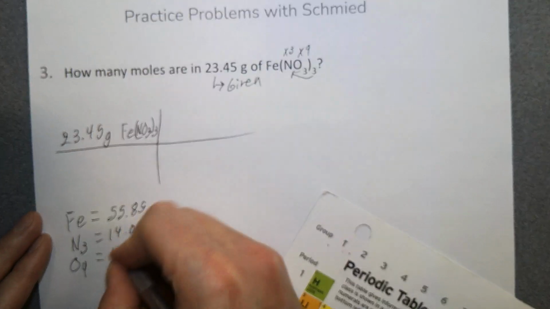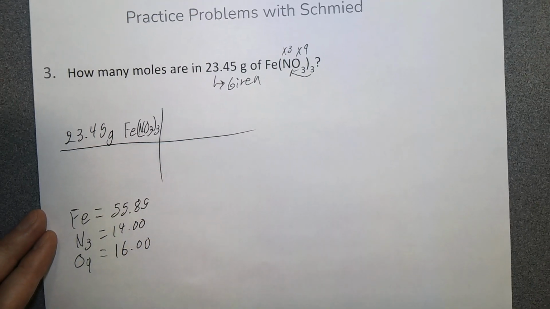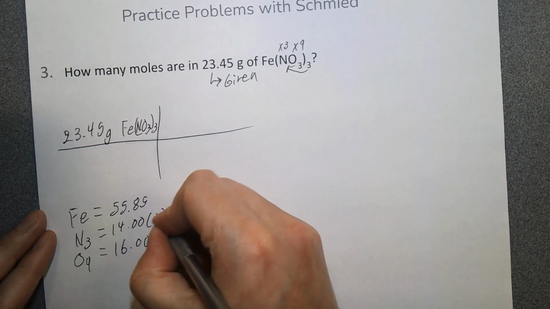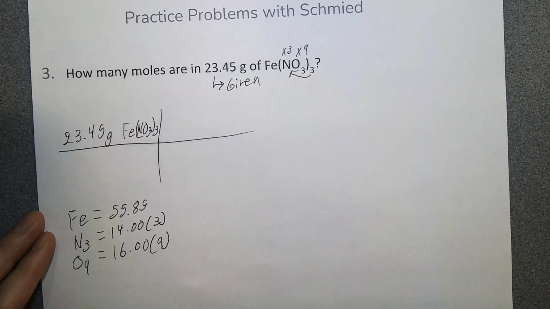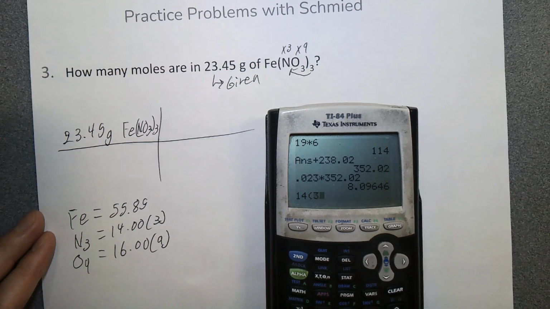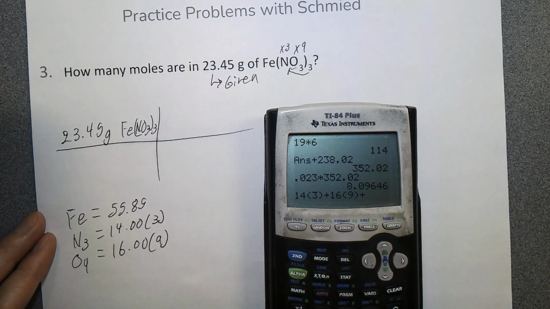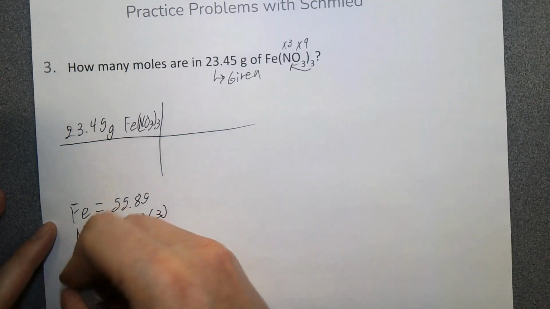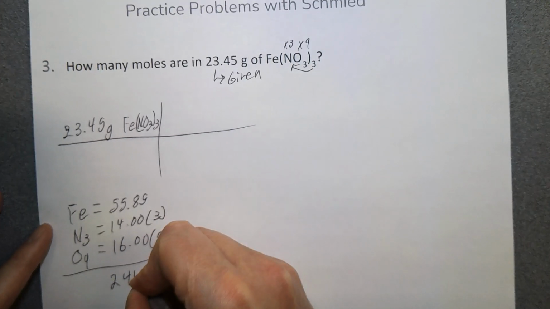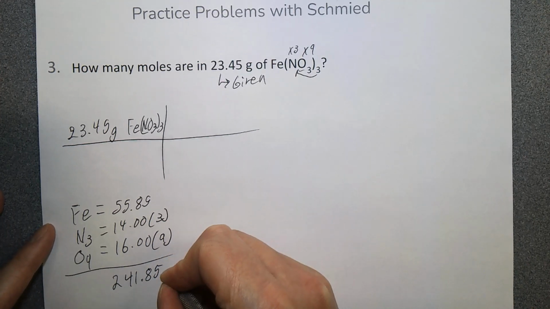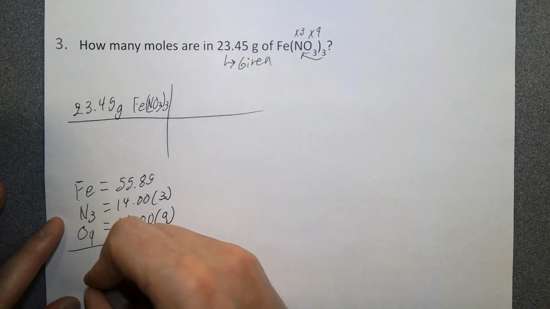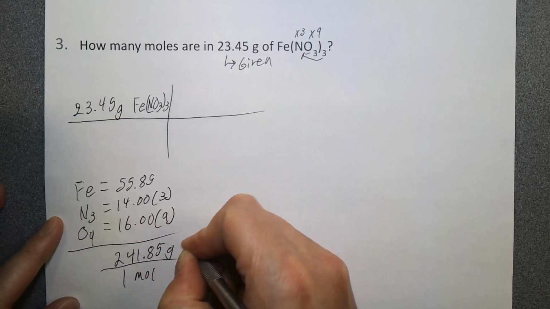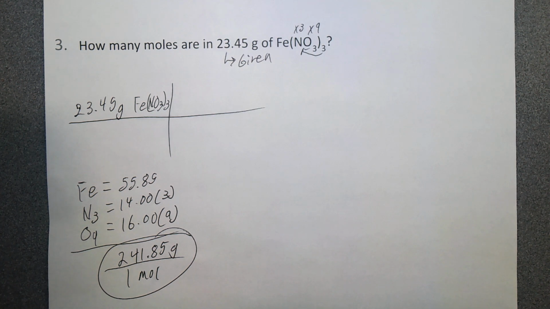And oxygen is 16. However, I cannot forget that there are 3 nitrogens and 9 oxygens. So 14 times 3 plus 16 times 9 plus 55.85 times, well, just 1. There's only 1 iron. 241.85. And that is how many grams are in 1 mole of the Fe(NO3)3, or the iron nitrate.